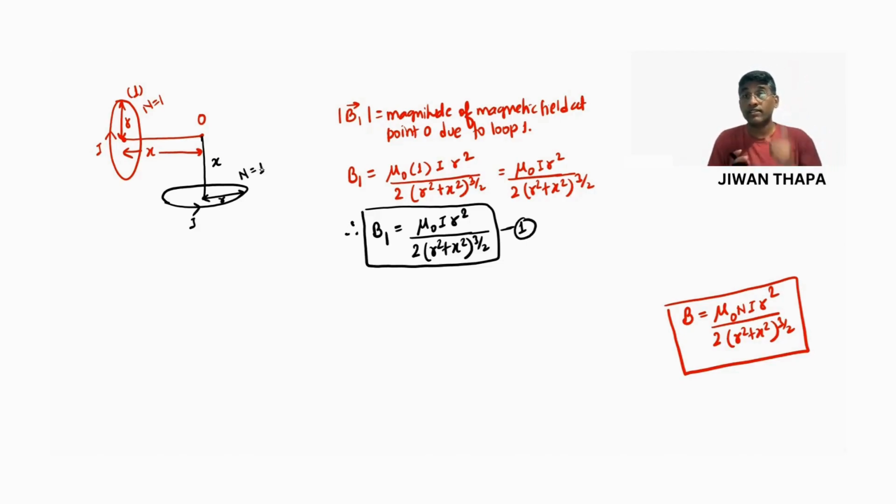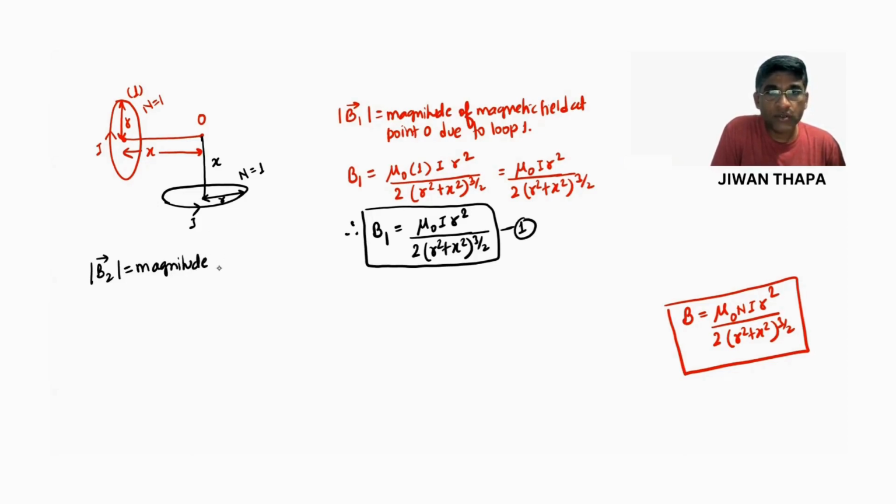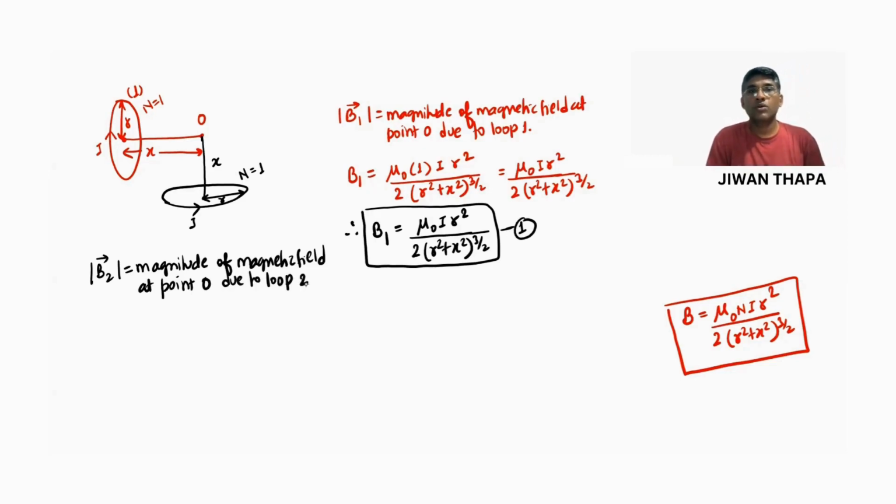So loop 2 is having single turn, okay? So I'm writing over here. This is magnitude of magnetic field at point O due to loop 2. So we have this.